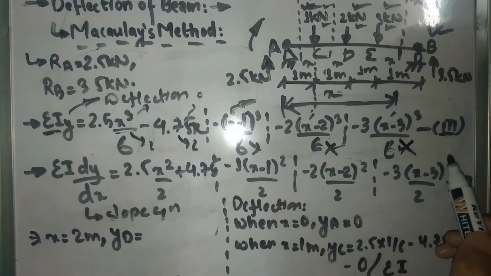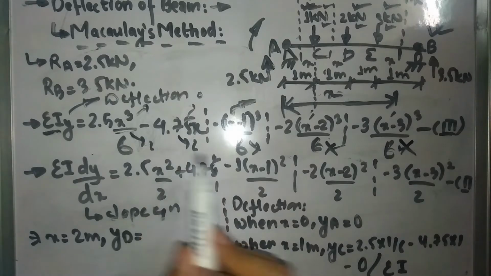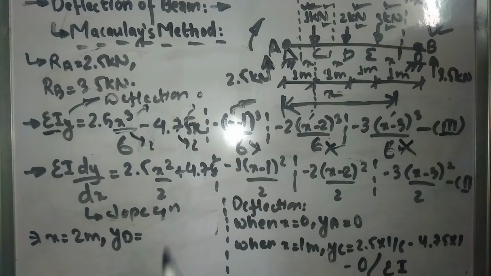So we get 2.5 into 2 cube by 6 minus 4.75 into 2 plus 1 cube by 6, and the deflection at point D is minus 6.33 divided by EI.